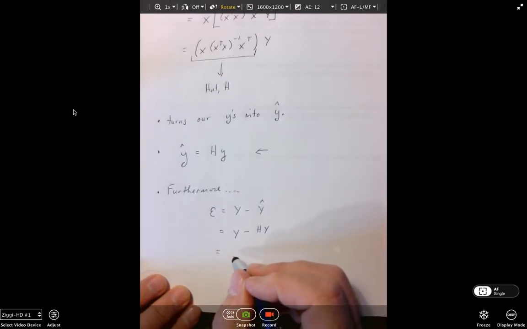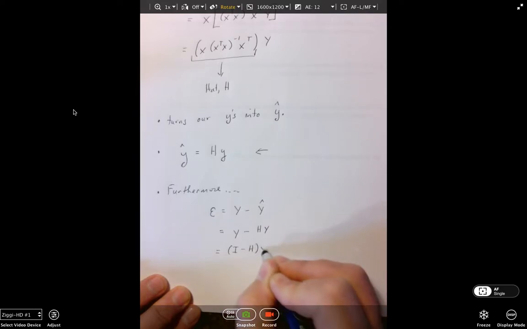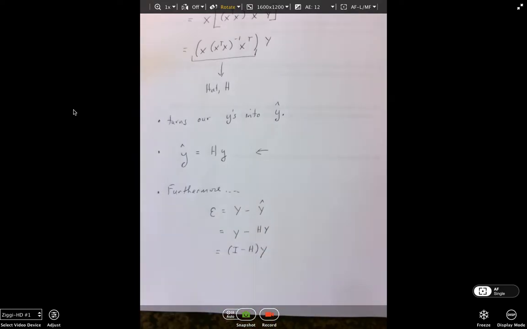So it shouldn't be any surprise that we have I minus H times y as another way of finding our error vector, so our vector of residuals.